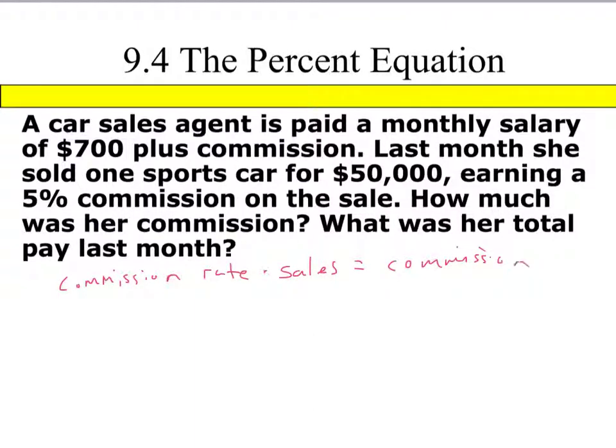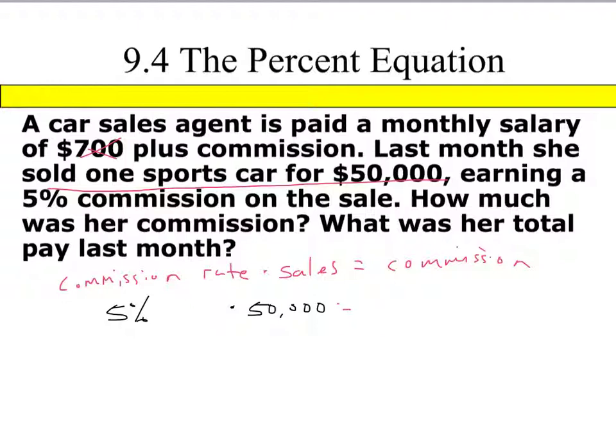We know what our commission rate is. It's 5%. We know what our sales is. Our sales is $50,000. Do not get caught up. It is not 700, because she sold 1 sports car for $50,000. That's how much they made in sales. That's going to give her our commission.